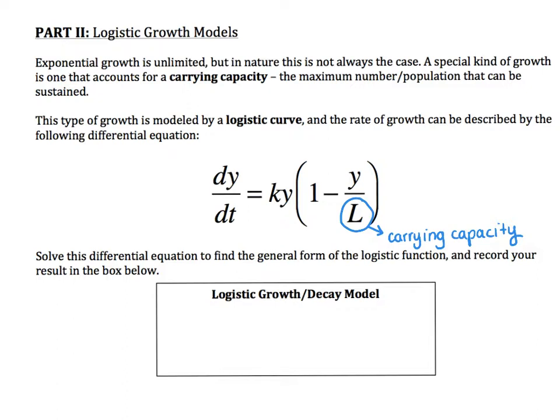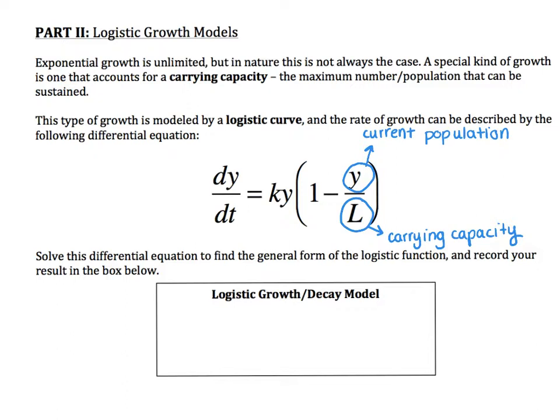So remembering that y represents the current population, because it's probably going to be population in this context, I want you to think about the relationship between y and L under which the population will grow or decrease, knowing that L is the carrying capacity.